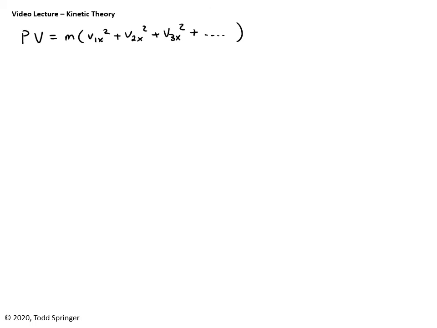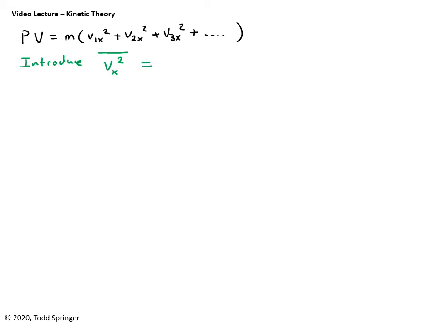So I'm going to start thinking about averages. So let's introduce the average. I'm going to do it like this: Vx squared average. So the bar means average. So I average the velocity squared. What does this mean? Well, you know how to calculate an average, right?